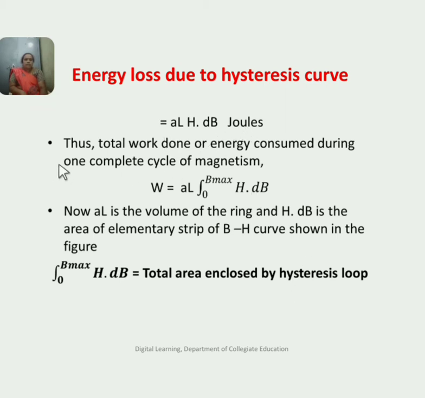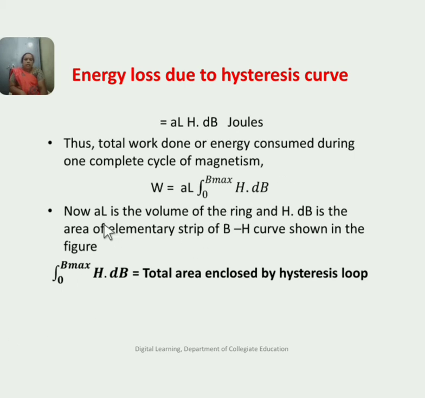Thus, total work done or energy consumed during one complete cycle of magnetism is given by W equal to AL times the integral from 0 to B maximum of H dB.